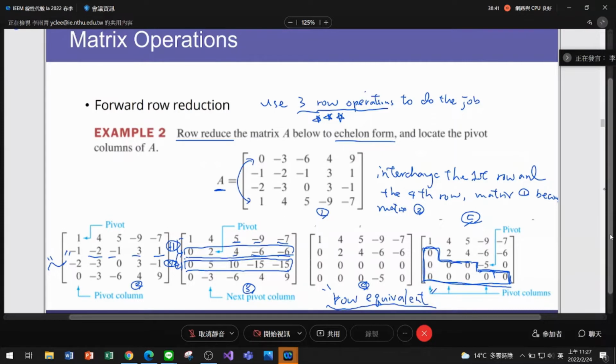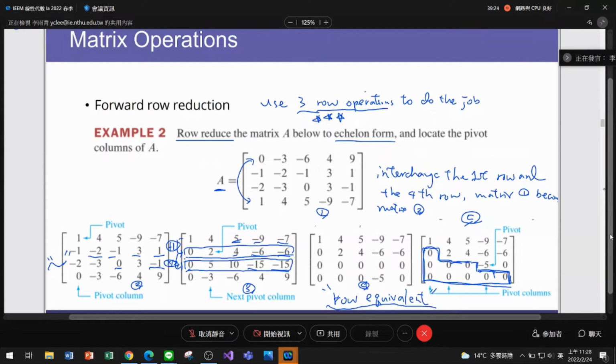So I have 2 minus 2 becomes 0, and then 4 times 2, 8, minus 3 becomes 5, and then 5 times 2, 10, minus 0 becomes 10. -9 times 2 becomes -18, plus 3, and then I get -15. -7 times 2 becomes -14, and then subtract 1, I get -15. So now I get the third matrix.